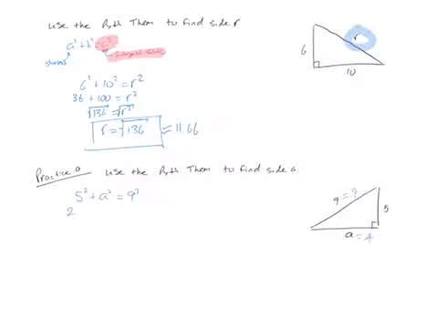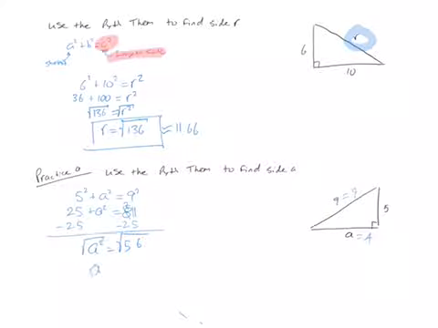5 squared is 25. A squared is, well, we don't know that, so we'll just say A squared. And 9 squared is 9 times 9, which is 81. We're trying to get that A by itself, so I'm going to subtract 25 from both sides. Now we'll get A squared is equal to 56. So to find A, we're going to need to take the square root of both sides.